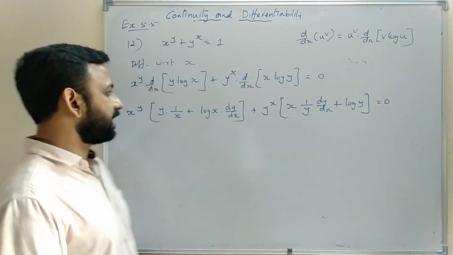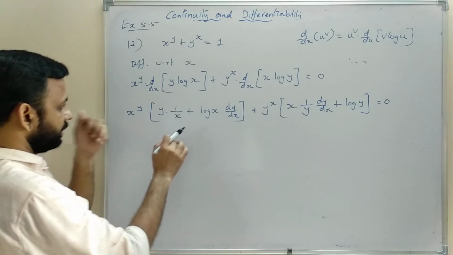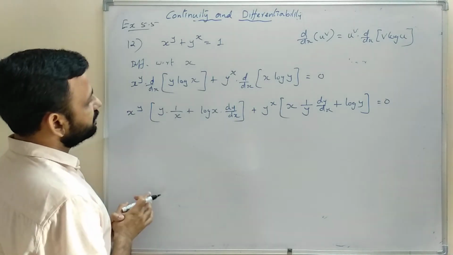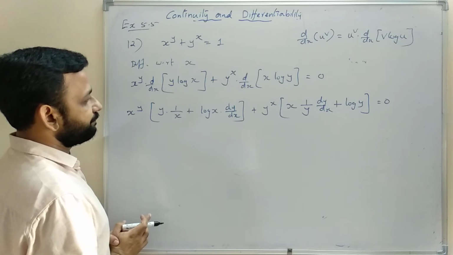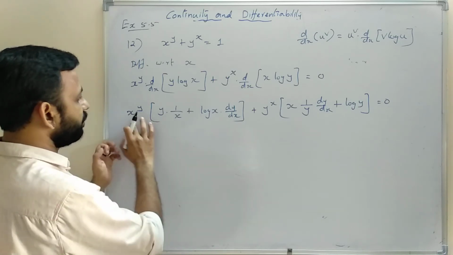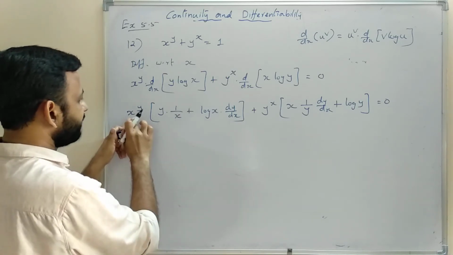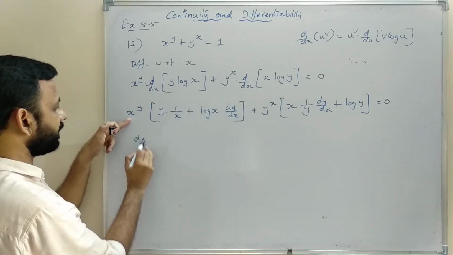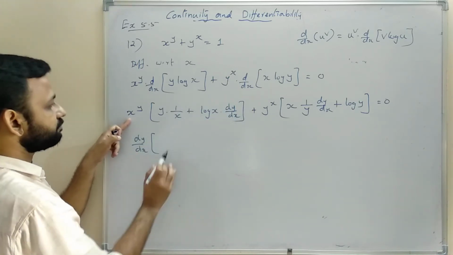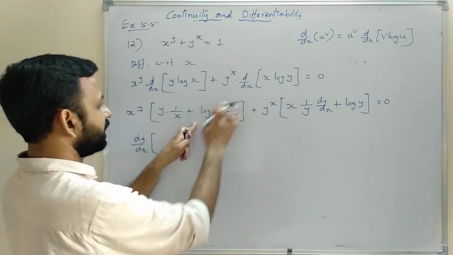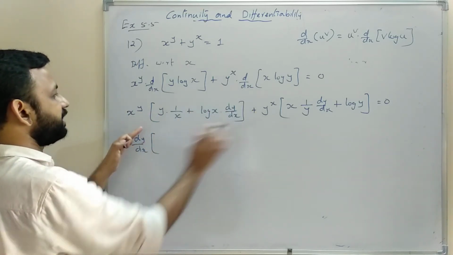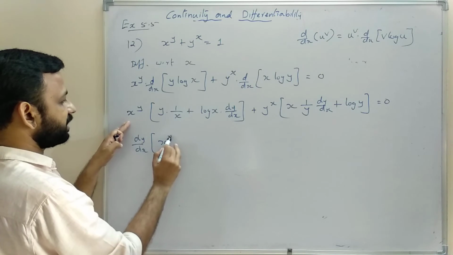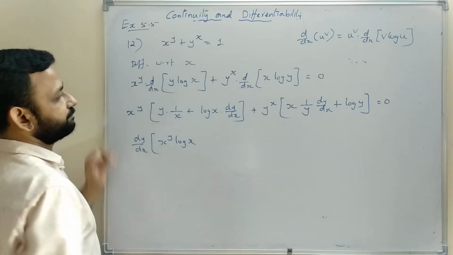So we keep the terms containing dy by dx on one side and the rest of the terms on the opposite side, the RHS. When we open the bracket, we have x raised to y into log x into dy by dx. So when we take dy by dx common, we get x raised to y into log x.